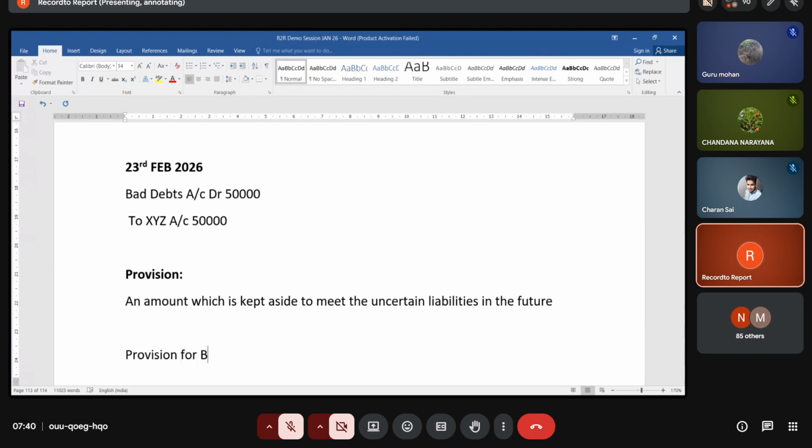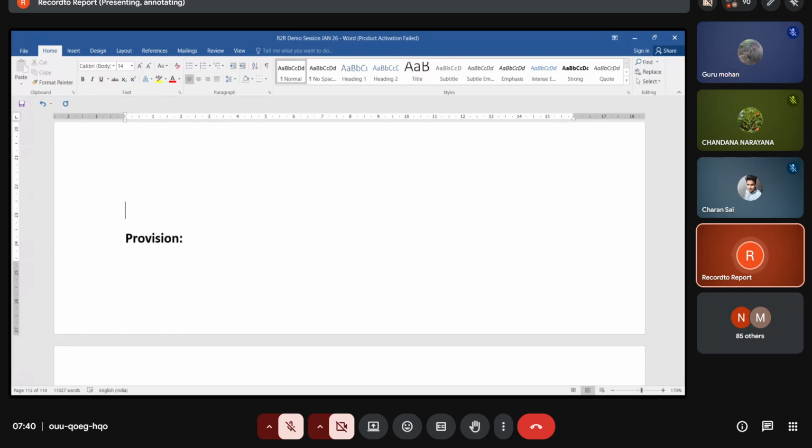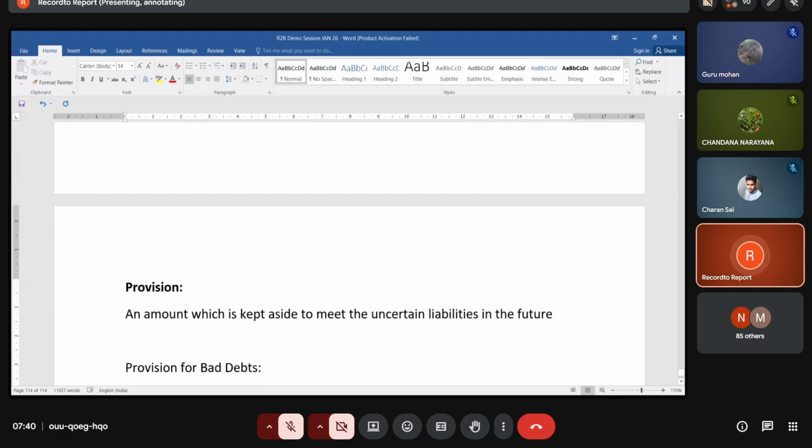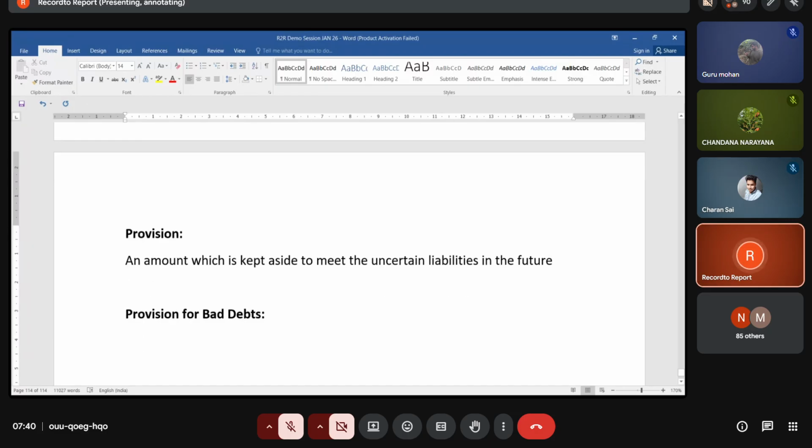So provision is the amount which is kept aside from the profit. For example, we got some profit, and from that we keep some amount to meet uncertain things. Uncertain in the sense that in future something might happen. To recover from that, the company will keep some amount. So what is the meaning of provision for bad debts?